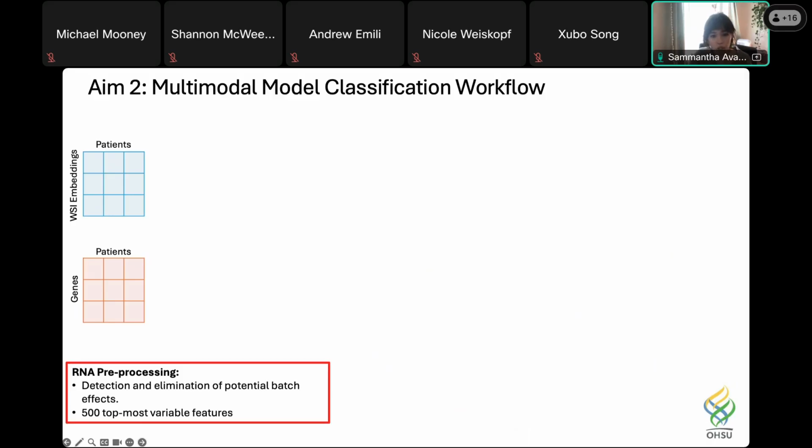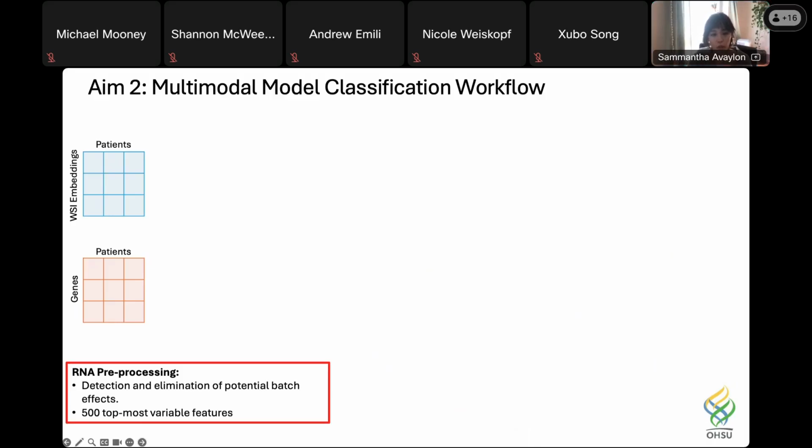And so to ensure data quality in our bulk RNA sequencing data set, we pre-processed the data by first detecting and eliminating any potential batch effects, as well as filtering our RNA sequencing features to just the top 500 most variable features.